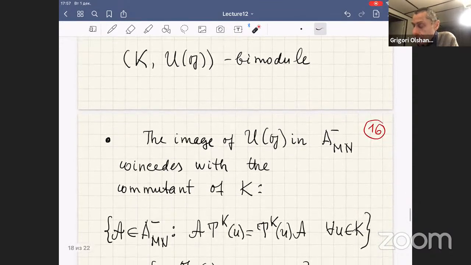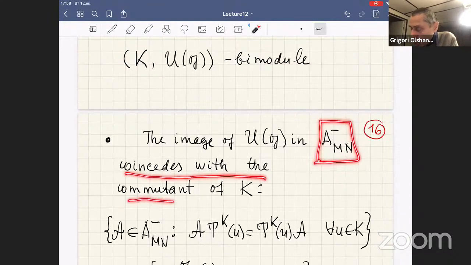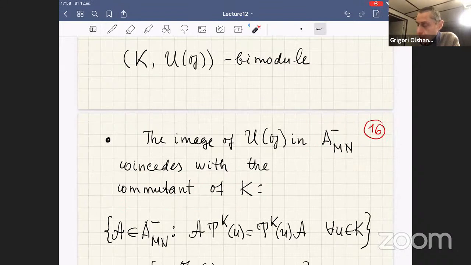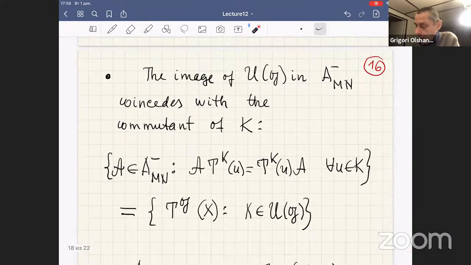And the next claim is that the image of the universal enveloping algebra in this algebra of differential operators is precisely the commutant of our compact group. So what do I mean here?